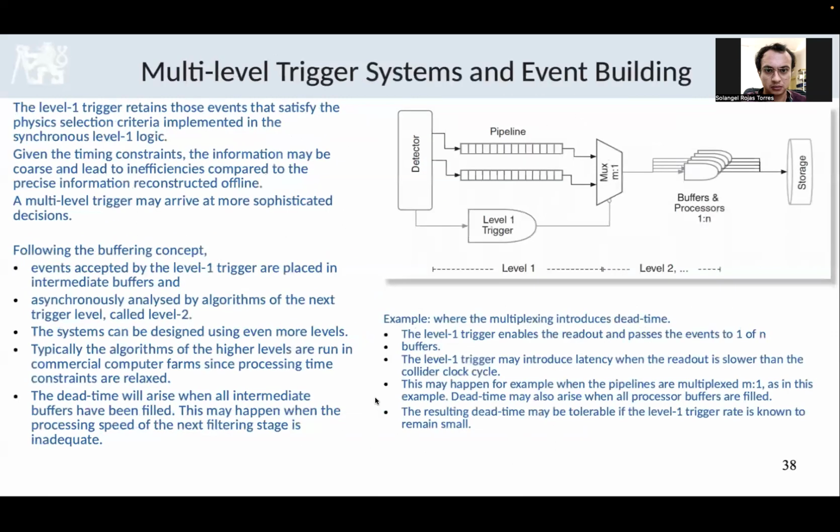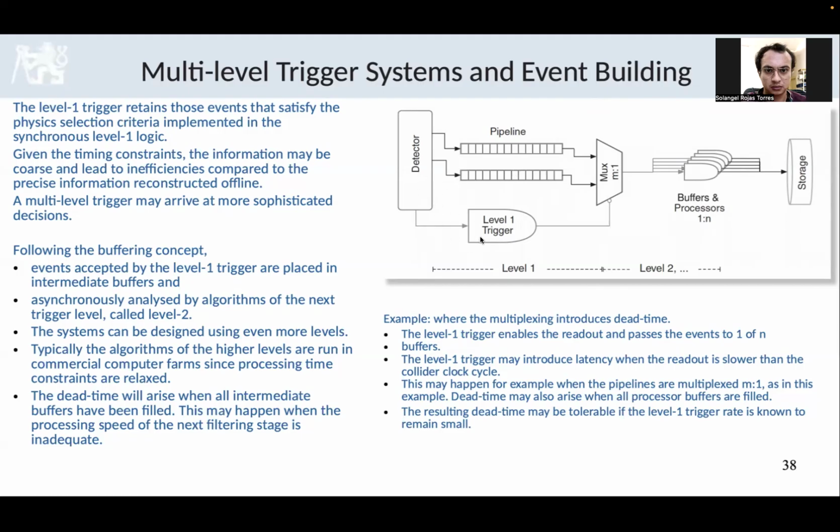Okay. Next part is the multi-level trigger system and event building. I don't think we are going to see event building, but this multi-level trigger system is more or less like this.